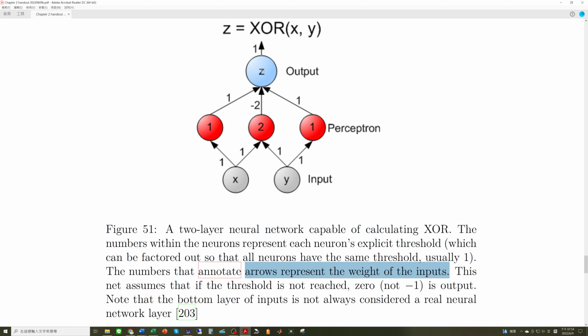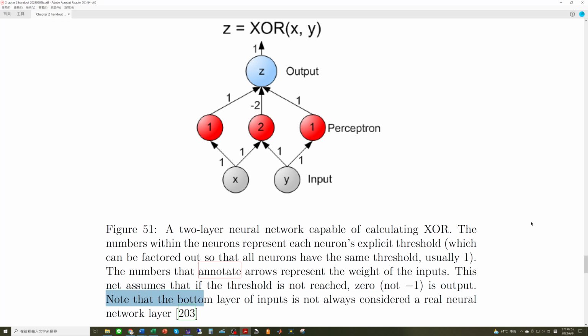And finally, the output z is equal to XOR of x and y. Now, of course, this weight is also equal to 1. This net assumes that if the threshold is not reached, 0, not -1, is output.